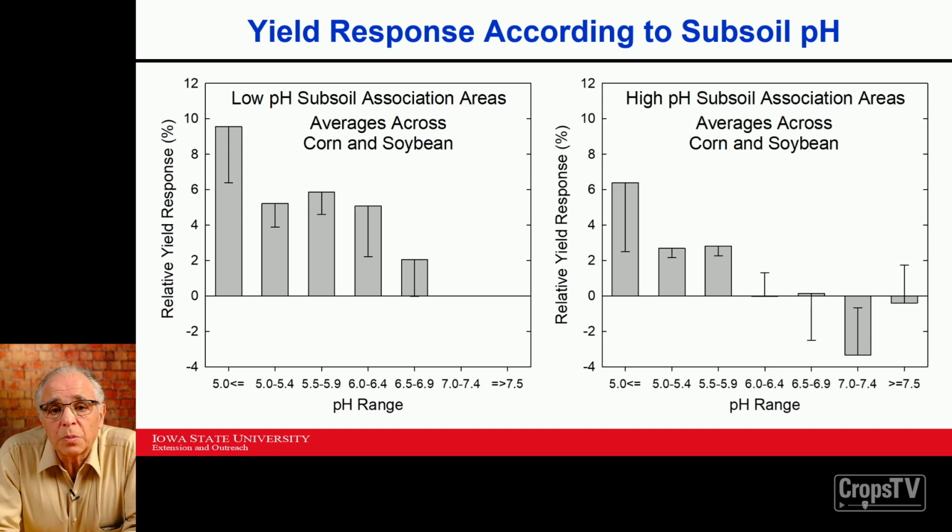Here it is about 6%. And we clearly see that there is absolutely no yield response after pH 5.9. So if we apply lime in these soils, there is no response, or it can actually decrease yield. That was already shown in the previous slide.